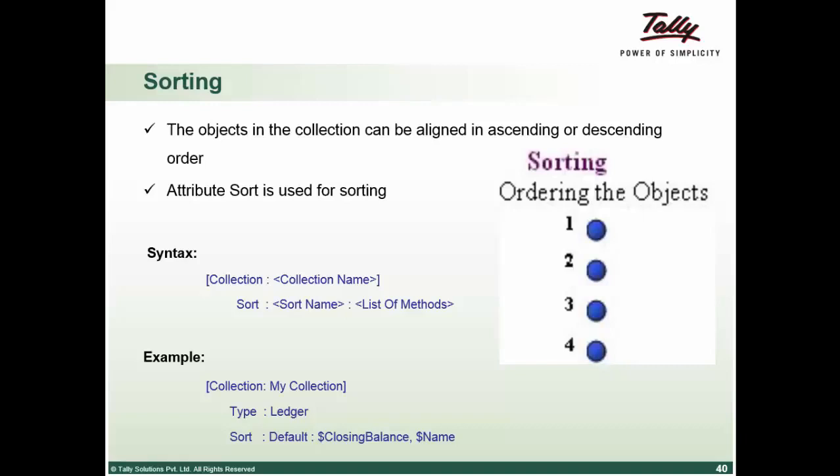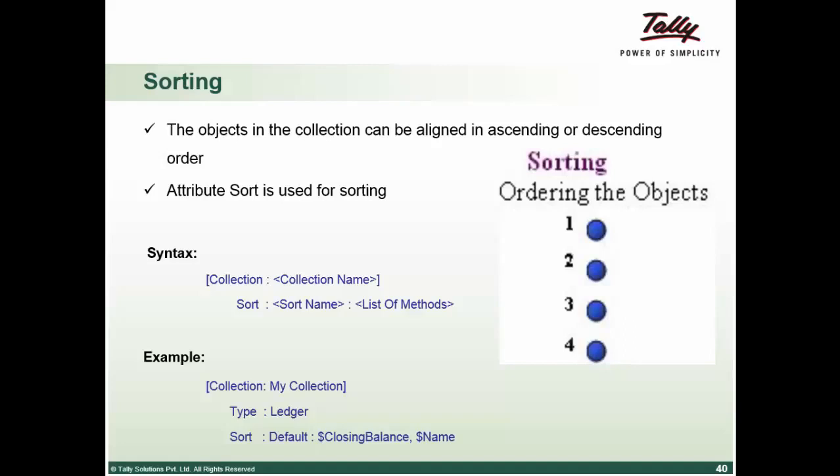So in case there is a specific criteria or specific way that you want to sort the data, you will have to provide your sort. Now the sort that we are doing, by default the sort is on the name of the object.